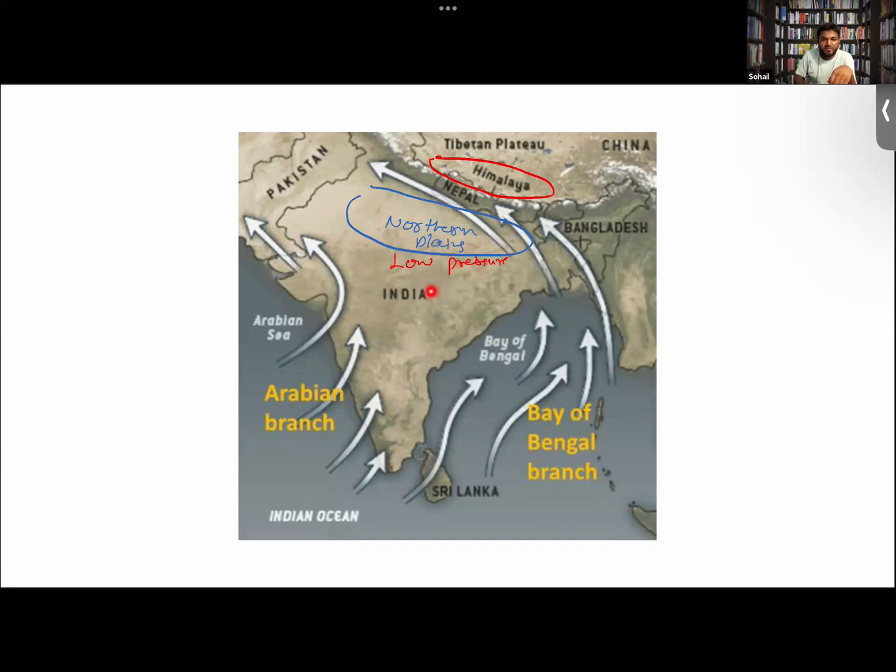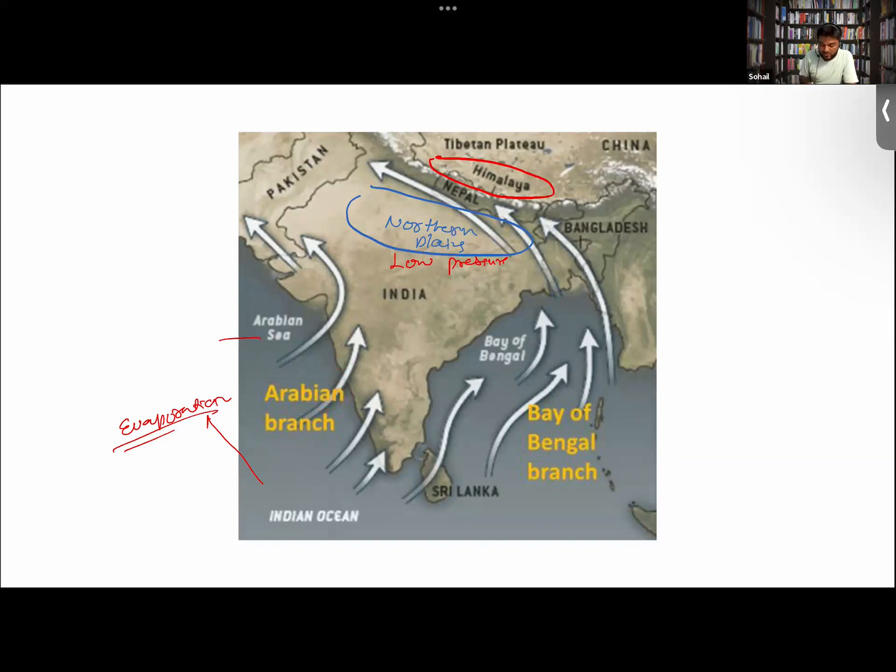Since the winds coming from the Arabian Ocean side towards the northern plains of India are moisture laden, they carry a huge amount of moisture, because of the evaporation taking place from the Arabian Ocean. The air has water vapor present. So this moisture is brought by the winds coming from the Arabian Ocean.